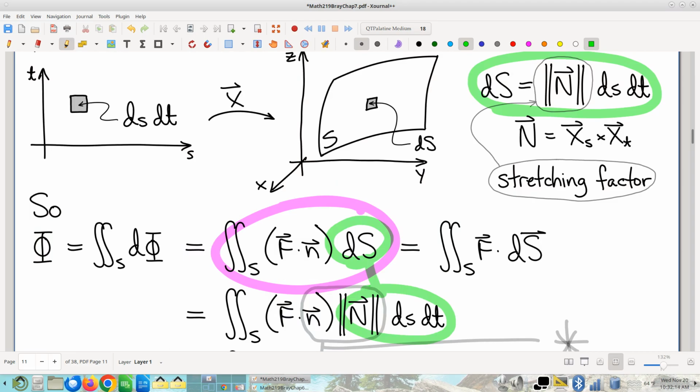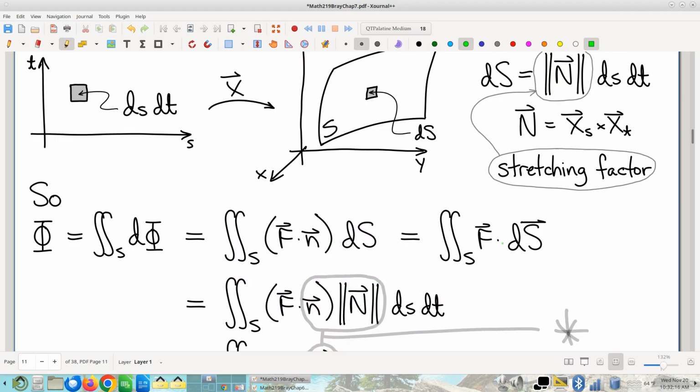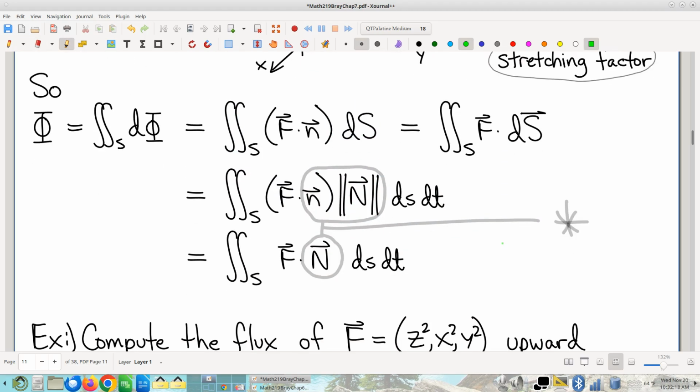I'm just plugging stuff in and moving things around. And then, hey, let's think about this thing. We have a unit vector pointing in the normal direction multiplied by the magnitude of this capital N in the normal direction. And isn't that kind of a direction and a magnitude? Isn't that what a vector is? In fact, isn't that what capital N is in the first place?